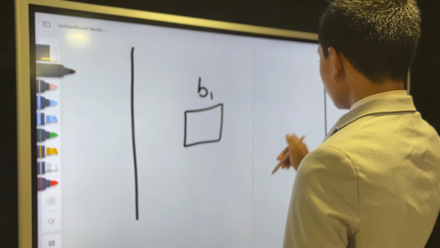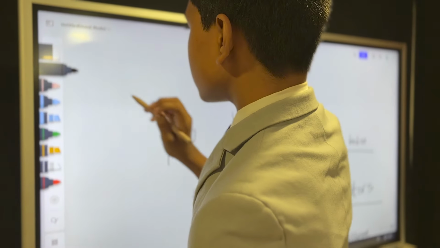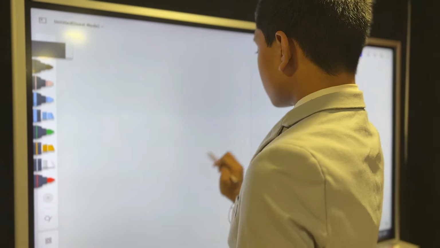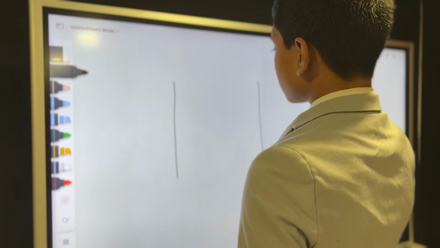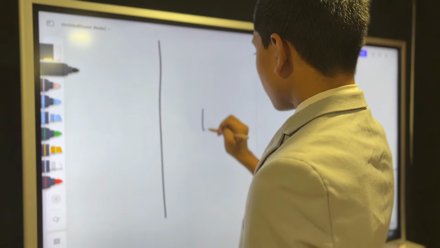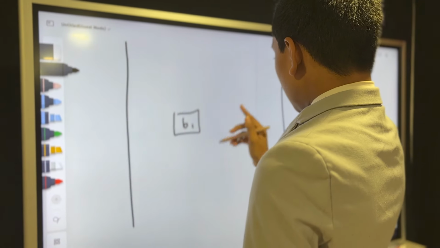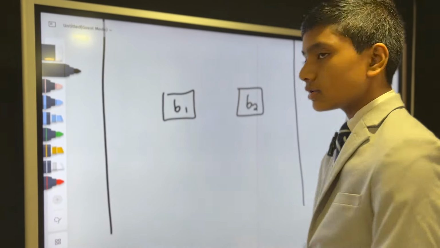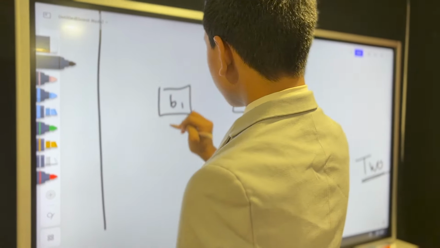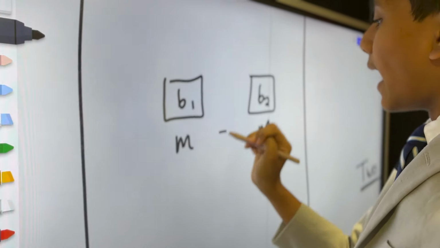So, we have B1 over here, and B2 over here. And to simplify things, we're going to let both of their masses be m.